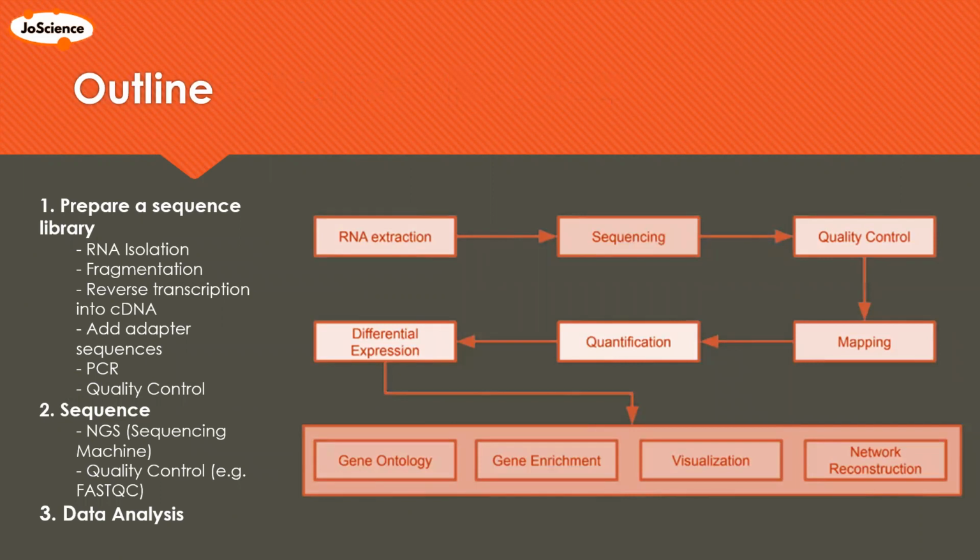We have looked at the outline of bulk RNA sequencing, starting from RNA extraction into sequencing using next-generation sequencing, quality control, mapping the reads or fragments into the reference genome, quantifying the fragments that have been mapped into particular genes within the reference genome, and differential gene expression.